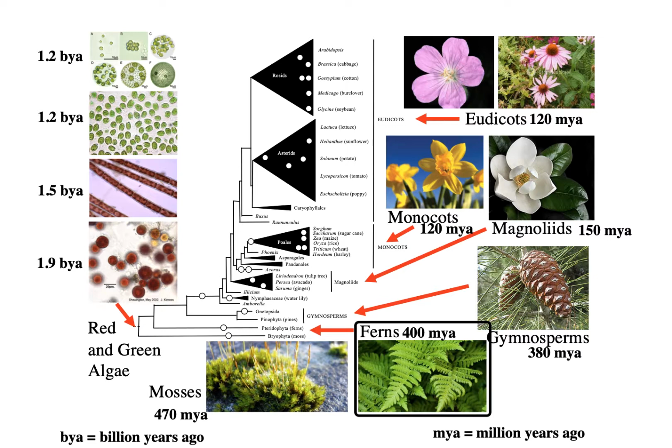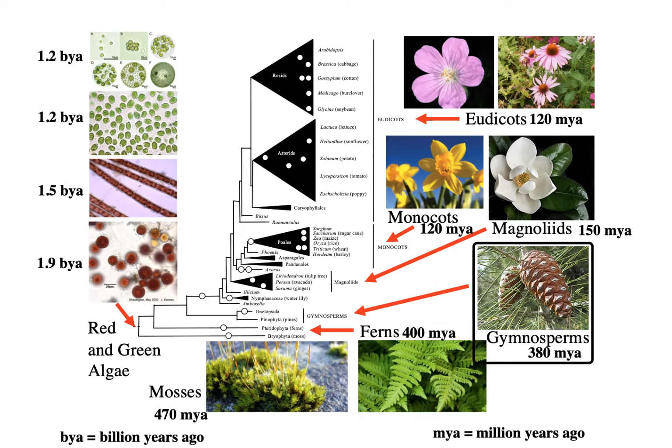In fact, some seed ferns were 20 and 30 feet tall 300 to 400 million years ago. And then into gymnosperms, which at first were 10, 20, 30 feet tall. Again, vascular plants that could reach higher in the canopy to get more and more of the sunlight for photosynthesis.